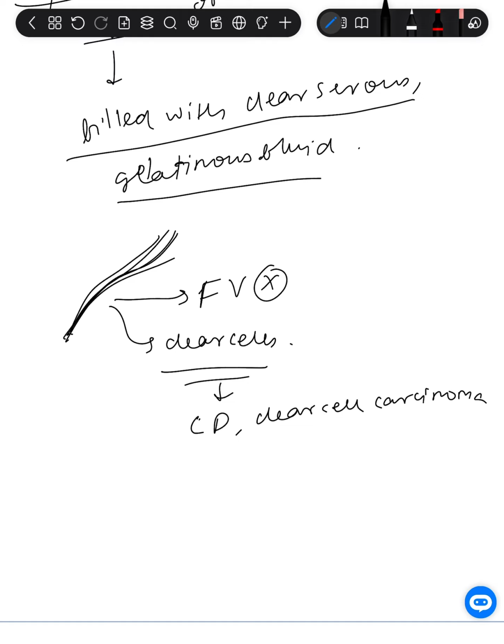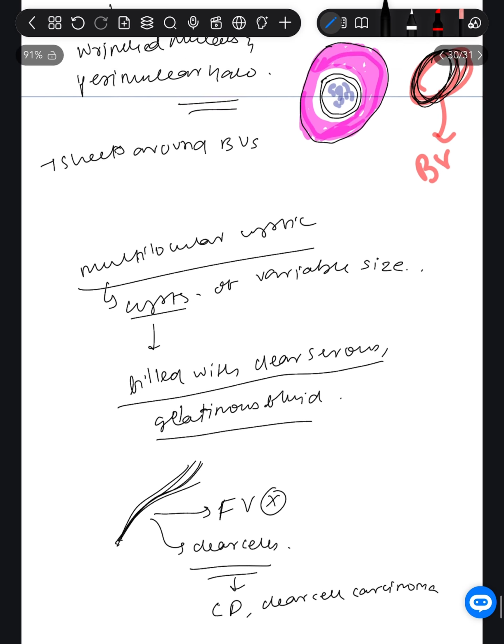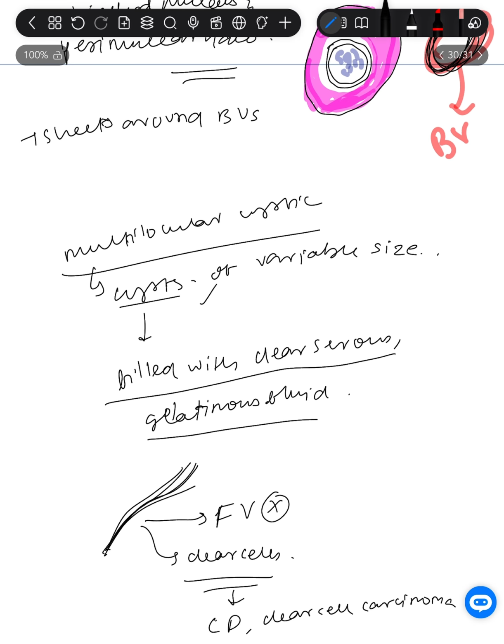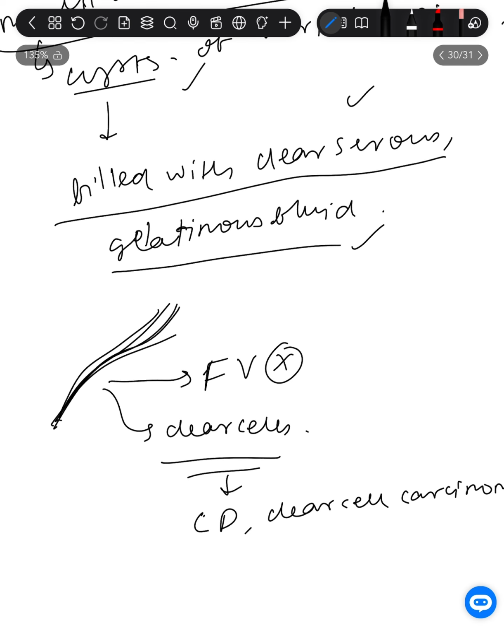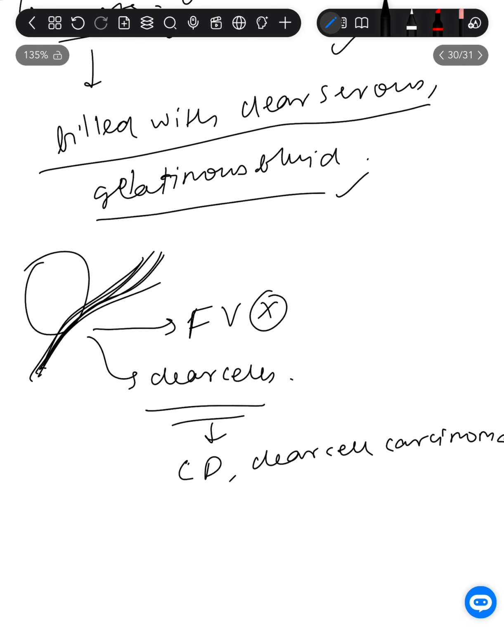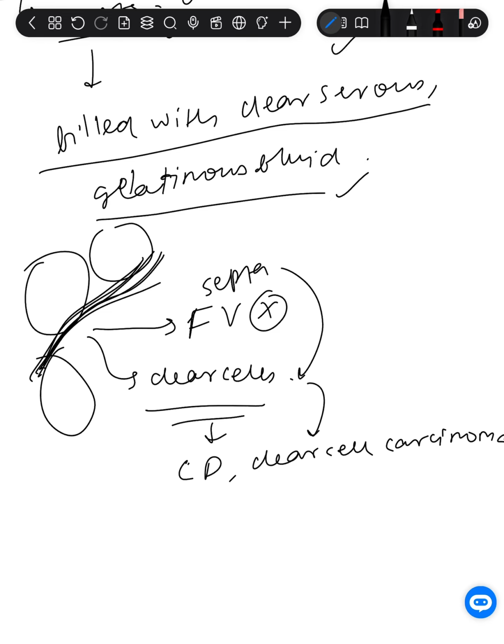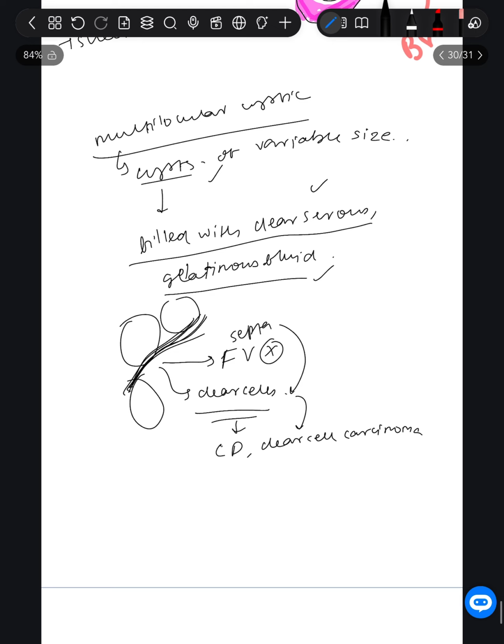Just remember that. We have multilocular cysts. The cysts are of variable sizes. The cysts are filled with clear serous and gelatinous fluid. The cysts are surrounded by septa. The septa is not made up of fibrovascular tissue but of clear cells, as we see in collecting duct and clear cell carcinoma. I hope you understood till this. We are done with gross.